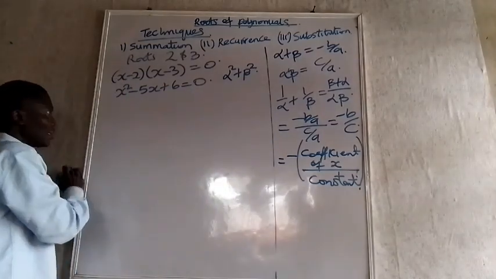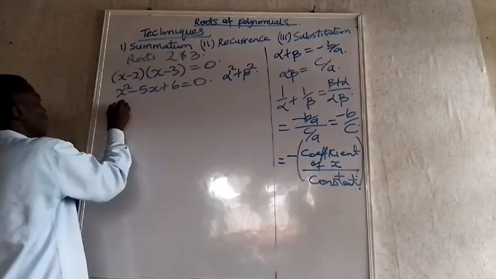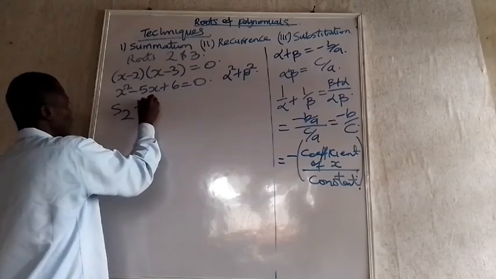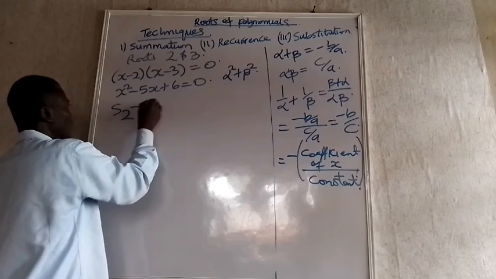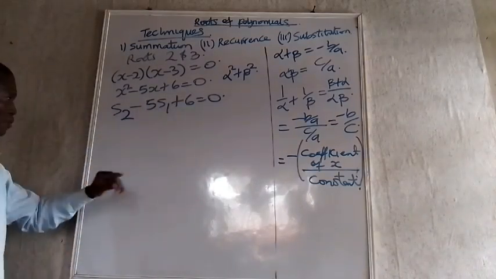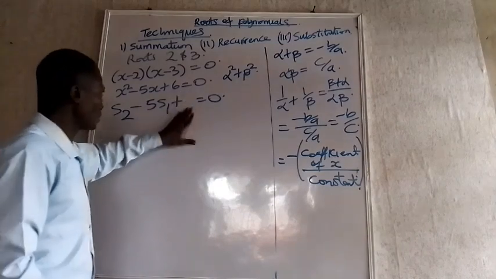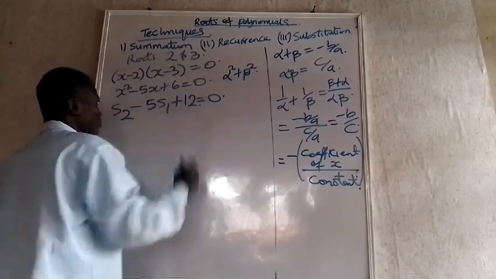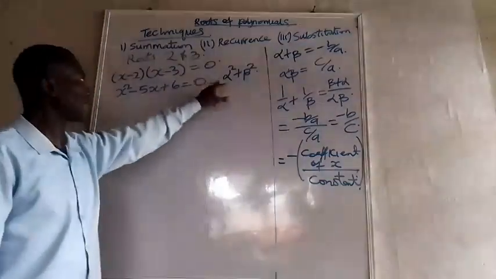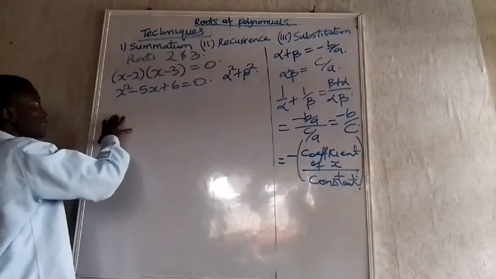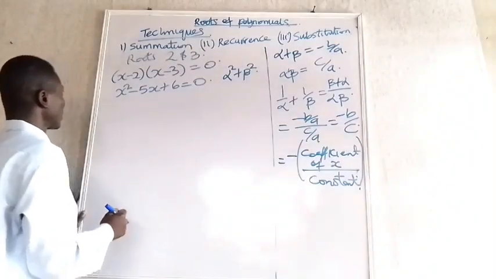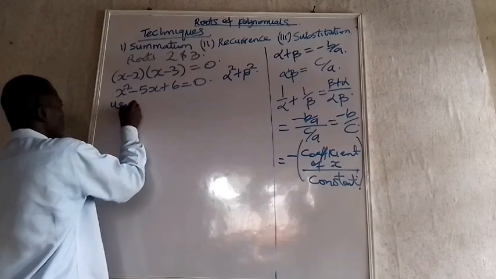From what you have done before, this one is going to be s2 minus 5 s1 plus 2 times 6 equals 0, so this will be plus 12, that is 2 times 6. So, if you are going to find this, let's do summation. Now, using summation.